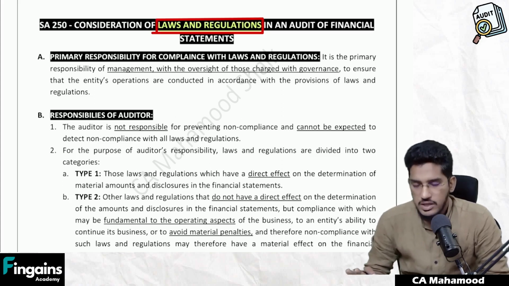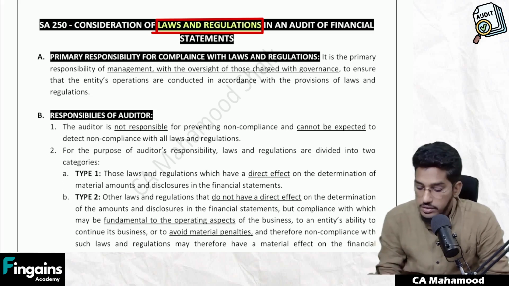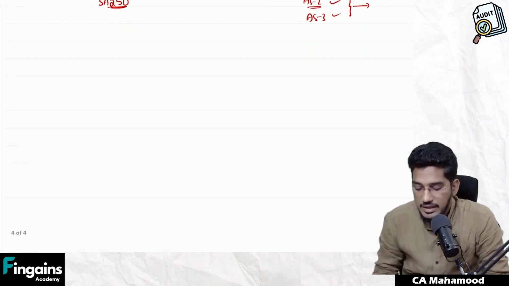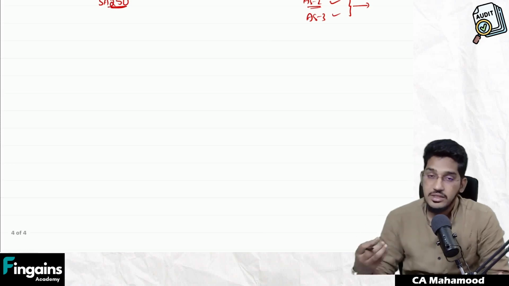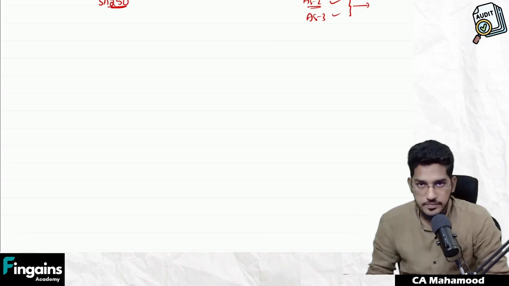So one thing is very clear from SA 250: it is going to talk about something relating to laws and regulations. As an auditor, whenever you are conducting the audit of some company, as a part of the audit of the financial statements, what will the auditor consider relating to laws and regulations?